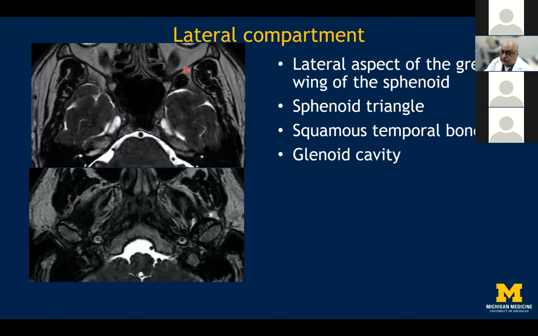They form what is called the sphenoid triangle, which is the confluence of the squamous portion of the temporal bone, as well as the greater wing of the sphenoid bone, together with elements of the zygomatic bone. And one can then finish by looking at the temporomandibular joints, which are often overlooked.